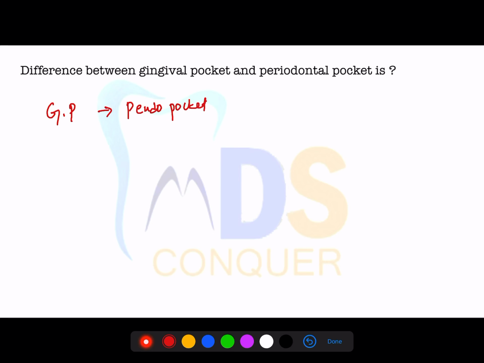If you take the structure of the tooth into consideration, this is 2 to 3 millimeters. The distance from the CEJ, the cemento-enamel junction, to the tip or end of the probe is called loss of attachment.